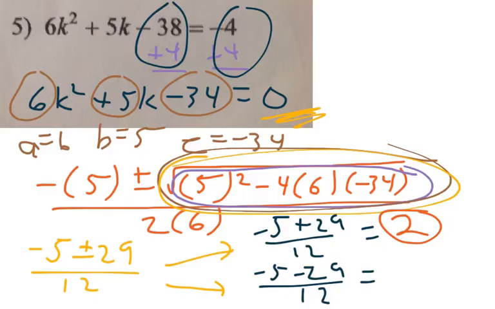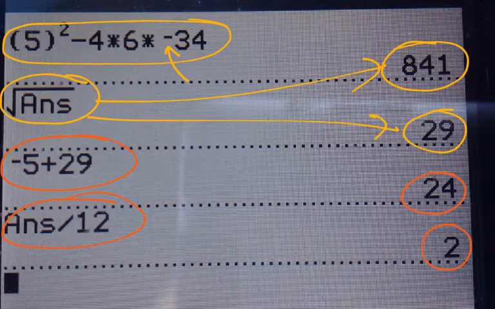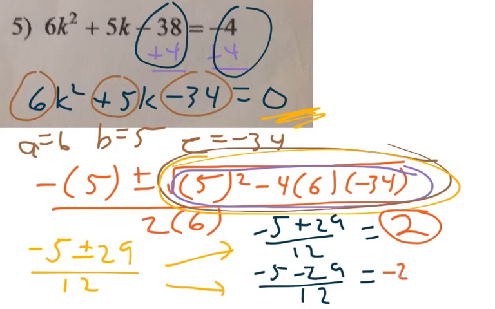Now let's do the minus version. Here we go. Negative 5 minus 29 is negative 34. We divide that by 12. We get negative 2.833. So we now know this one's negative 2.833. And we just solved that quadratic, guys, using the quadratic formula.